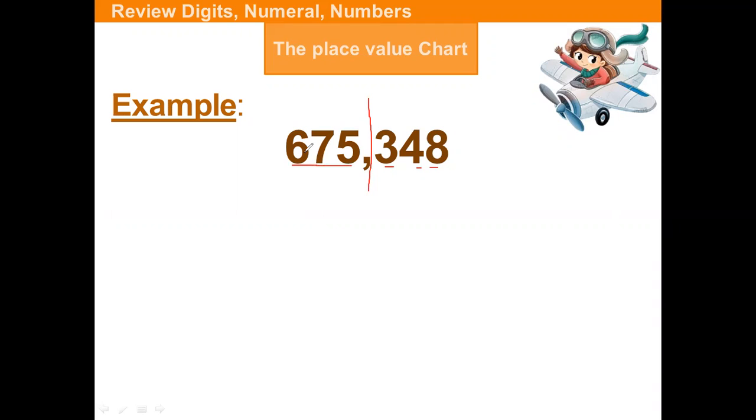So it will be 675,000. Don't forget the family of the numbers. After that, we have 348. So again, 675,000 and we have 348. Let's see the question.